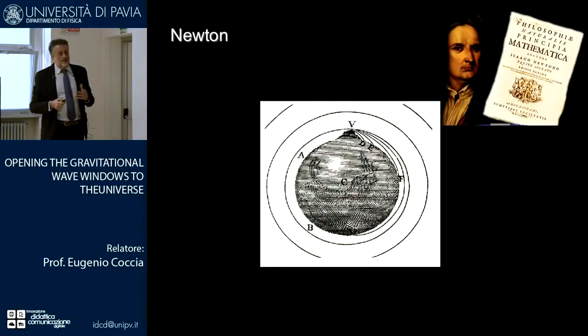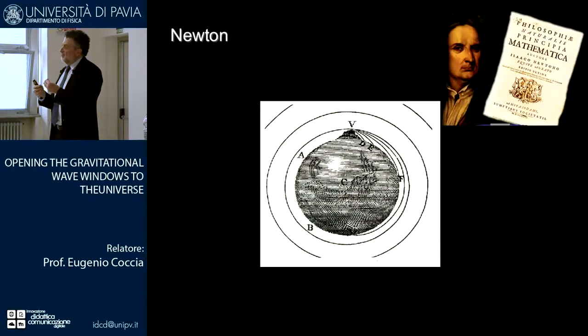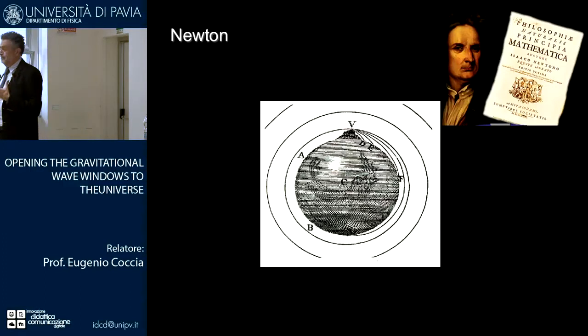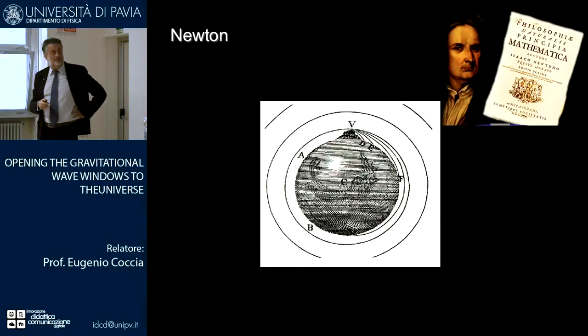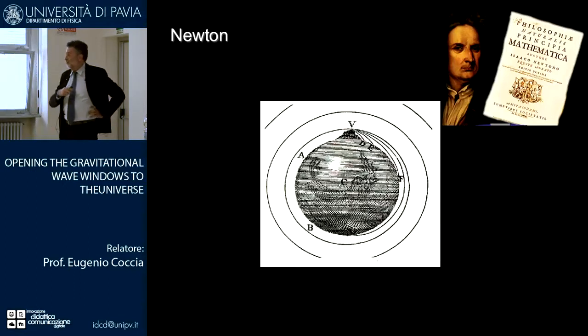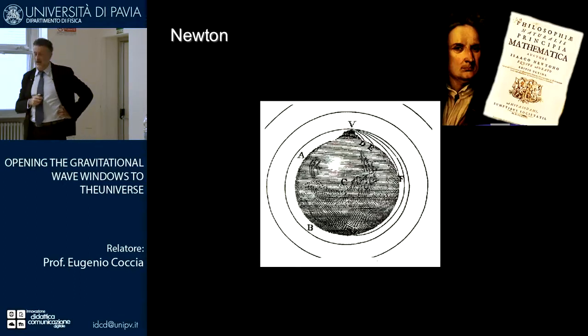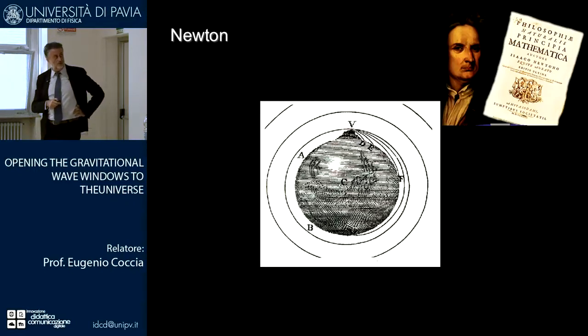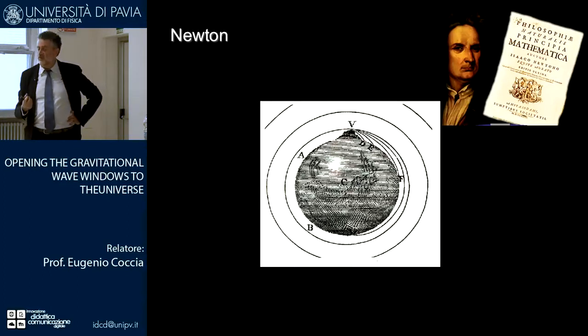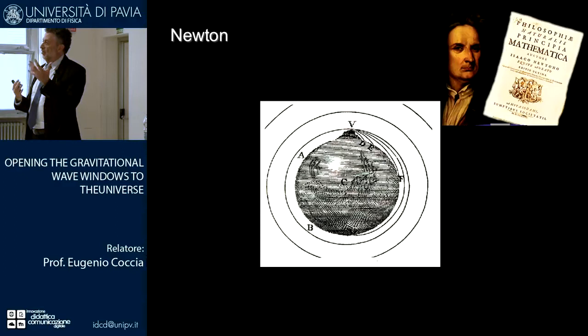Then came Newton and gave to this observation a mathematical form. I mean, with Newton, we understand universal gravitation. We understand even mathematically. And this is a drawing, like before, it was the original manuscript of Galileo. This is an original drawing of Newton. And in this drawing, there is a fantastic synthesis of the heaven and the earth.